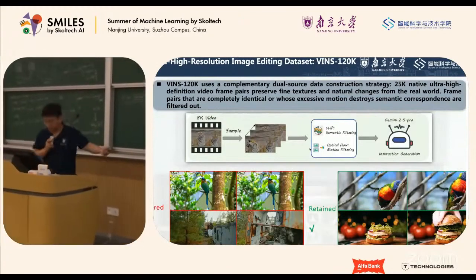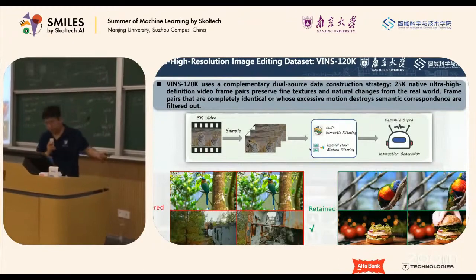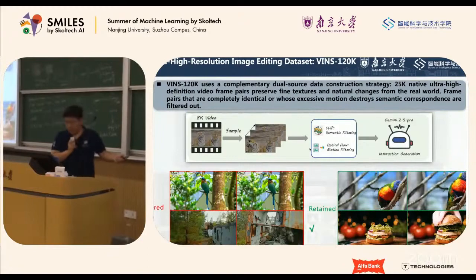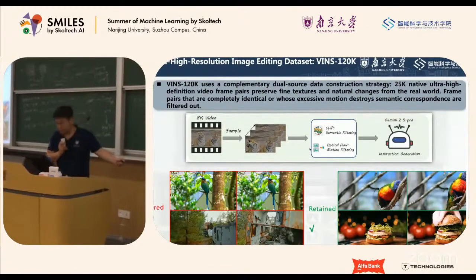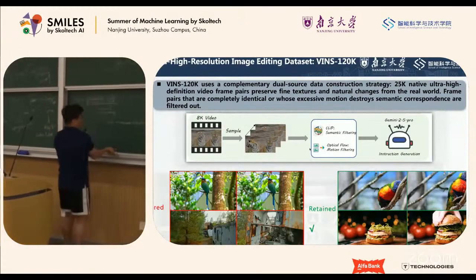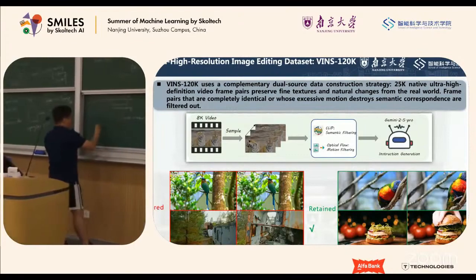We use semantic similarity and optical flow motion filtering to remove identical pairs, or pairs with excessive motion or semantic mismatch, while retaining natural real world variation and fine texture. So in this part, we collect the data from real ultra high resolution videos.